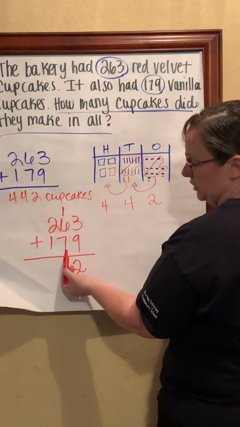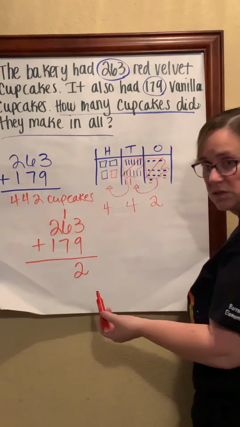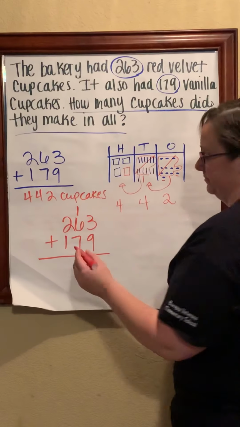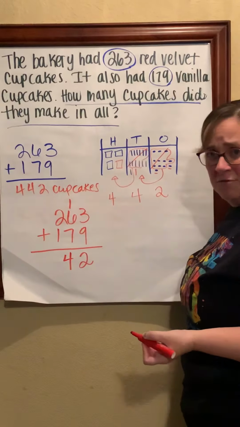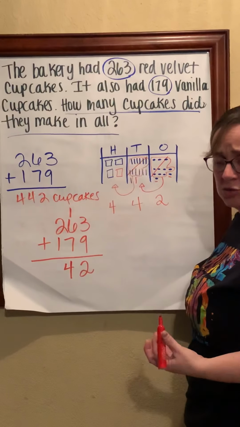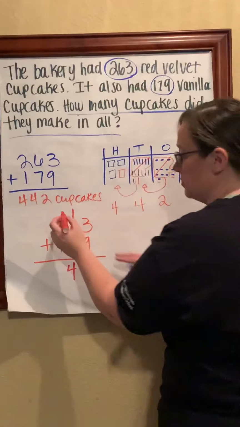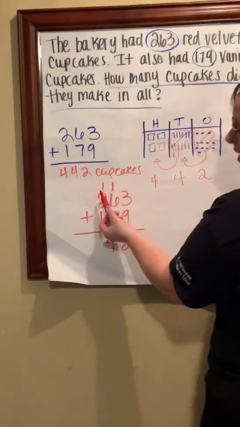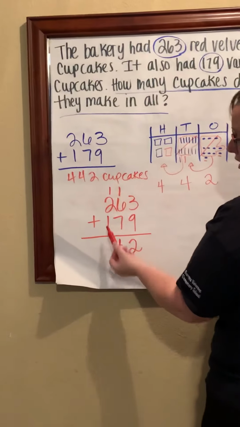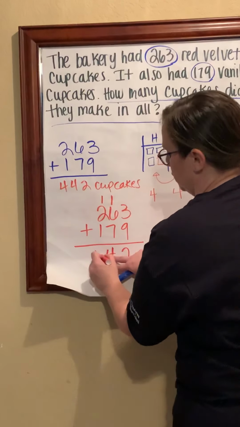And then 7 plus 7 equals 14. So I'm going to put my 4 here. And I cannot have 14 in my place value, so I need to move the 1 from the 14 over into the hundreds. So now I have 1 plus 2 plus 1, and that equals 4.